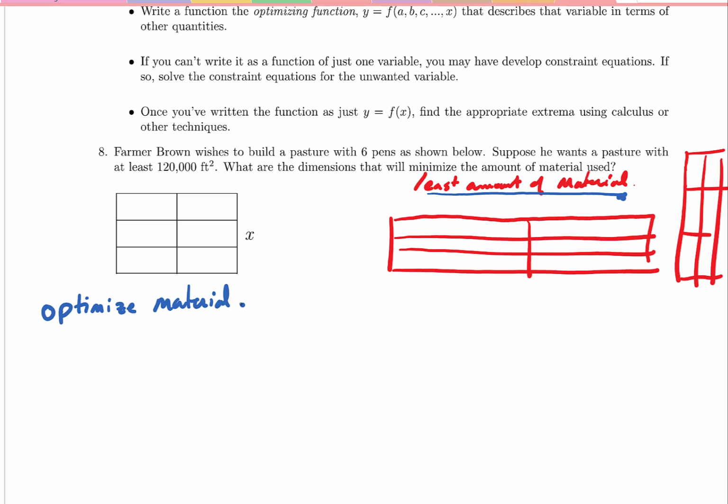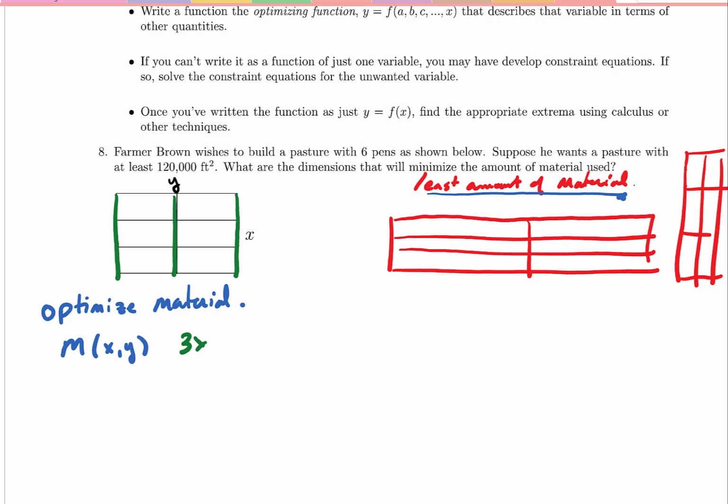Okay. So let's see here. Let's go ahead and label another dimension on this. This was called X here. So let's go ahead and call this Y. Okay. And so what is our optimizing function? Well, it would be a function of two variables, X and Y. And here's how I want you to think about it. Let's suppose we created a strand of length X here, and a strand of length X here, and a strand of length X here. Well, that would be 3X, right?